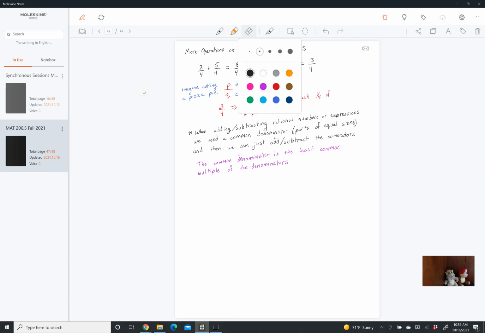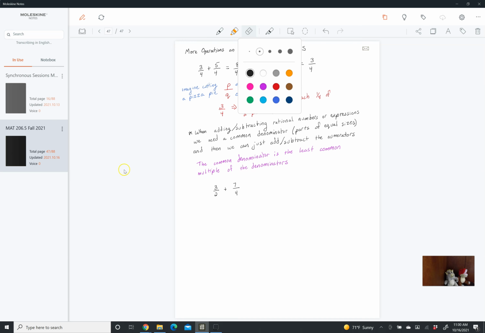So let's take an example. And we'll do an example with rational numbers first, and then we'll move on to rational expressions. Okay. So for example, if we had 3 over 2 plus 7 over 4.